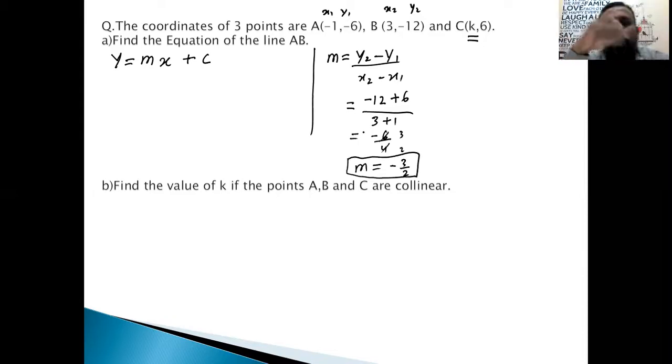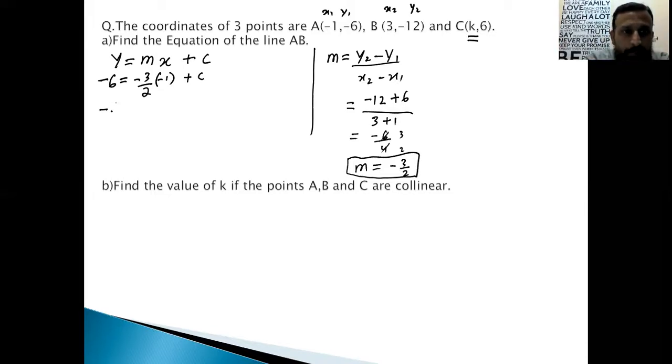Right? Now what is required? The equation of the line. We're going to plug in m as negative 3 upon 2. For x and y, we can plug in the coordinates of A, negative 1 comma negative 6. So we have negative 6 equals negative 3 upon 2 times x, which is negative 1, plus c. Now we can find the value of the y-intercept.